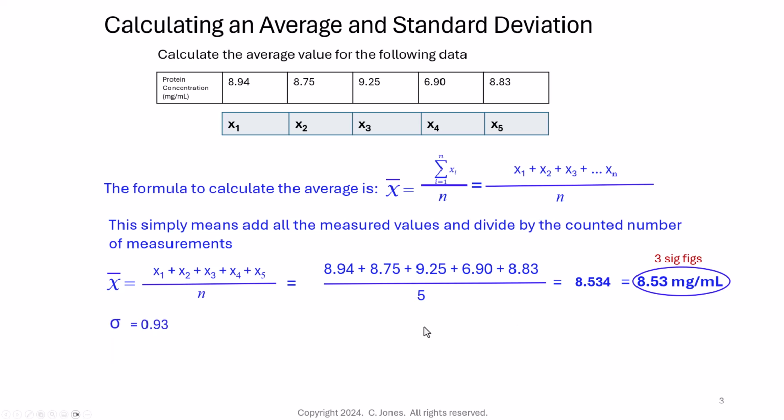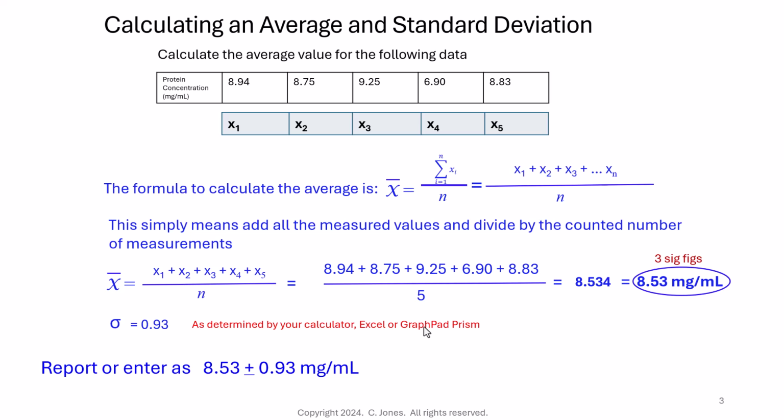The standard deviation is 0.93, and for our purposes, I'm going to assume that you're able to do these basic descriptive statistics on your calculator, using the statistics functions on Excel, on GraphPad Prism if you have access to that, or on whatever other statistical platform that you have, so that you can calculate the standard deviation without having to do it manually.